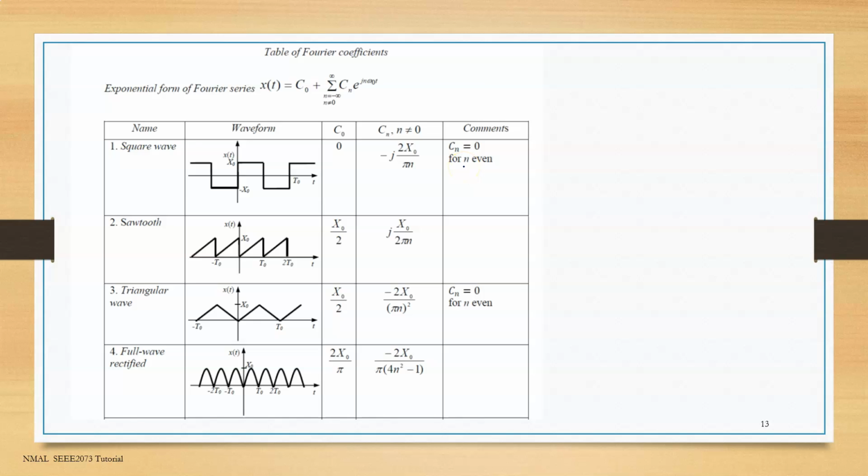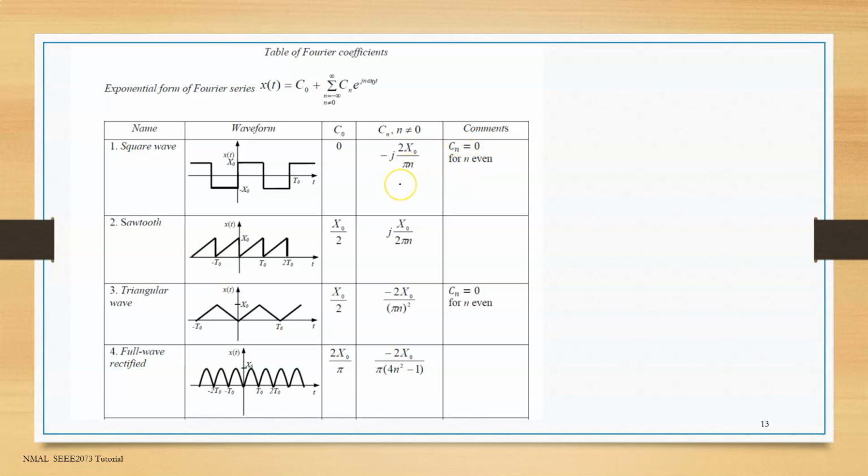The question asks you to find the Fourier coefficients from n equals 0 up until n equals 3, the third harmonic. You have to ignore n equals 2, because it is an even number, so there is no value for Cn there.